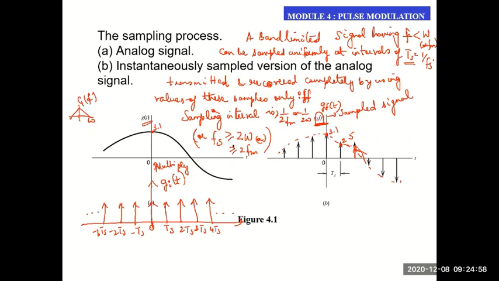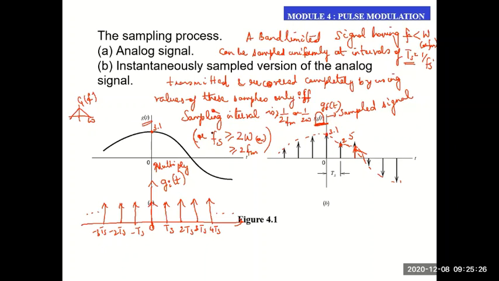Only if this condition is satisfied, proper recovery of the original message from the samples is possible. Remember, it is these samples, these impulses, which we are going to send. Since you're going to send these impulses, how you get back this complete analog or continuous signal at the receiver is based on the sampling rate.